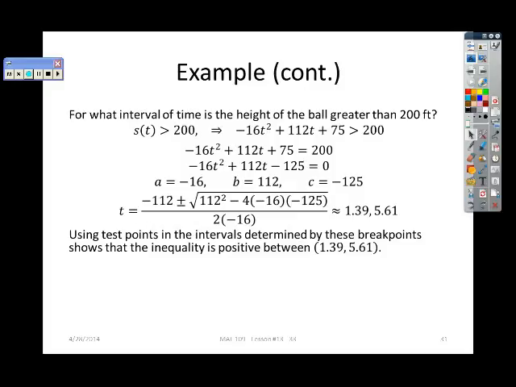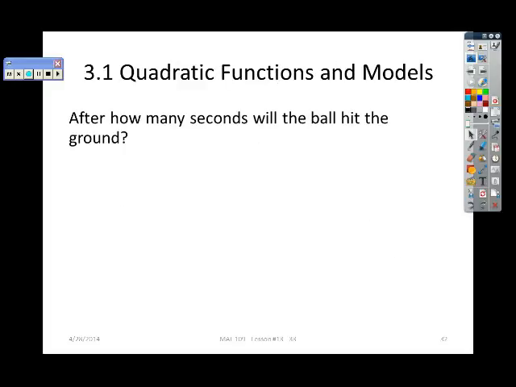It's actually, you should test it, but you can show that it's true between the points. So it goes from 1.39 to 5.61 seconds. That's when it's greater than 200.